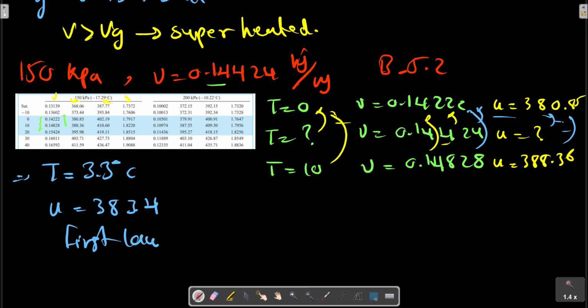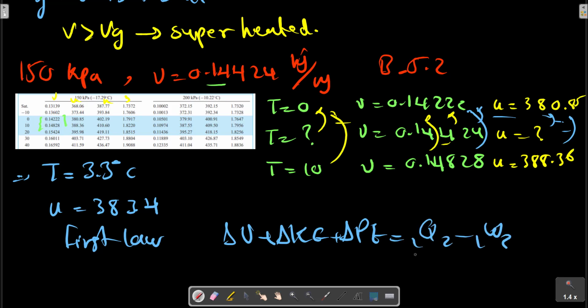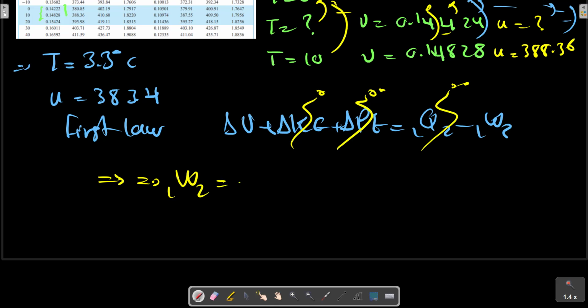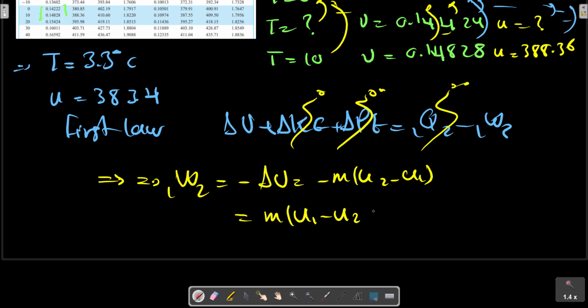For the first law, Q also equals 0, so we have W equals minus delta U, M times U2 minus U1, or M times U1 minus U2.